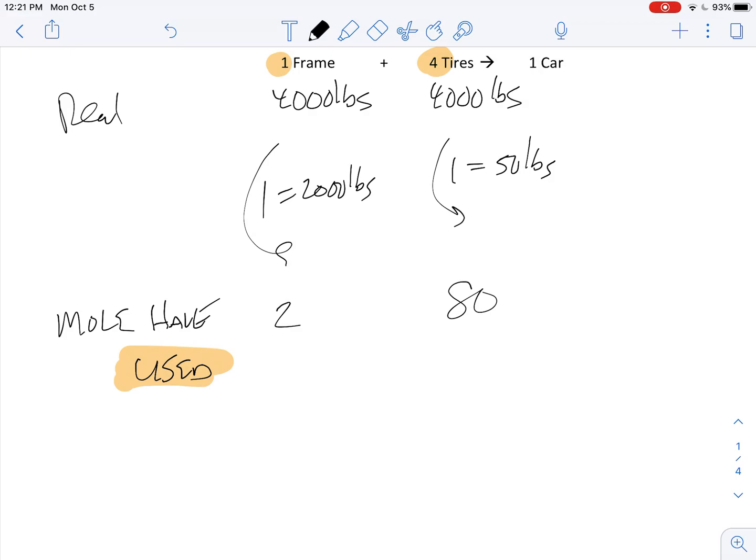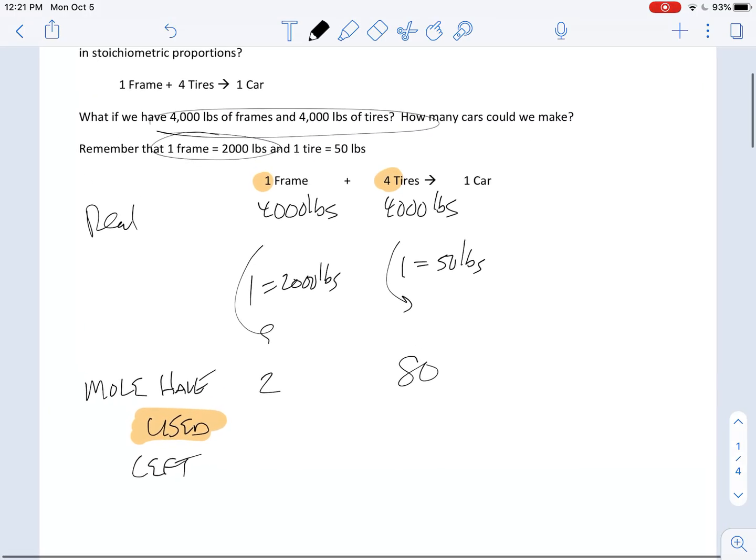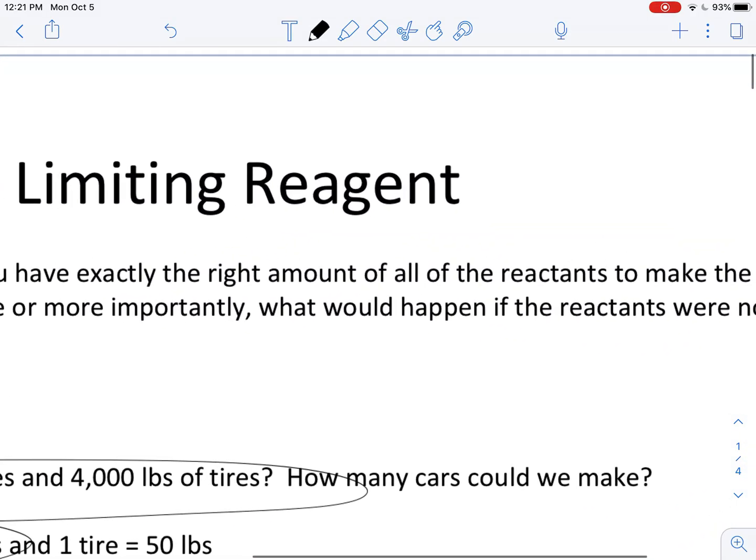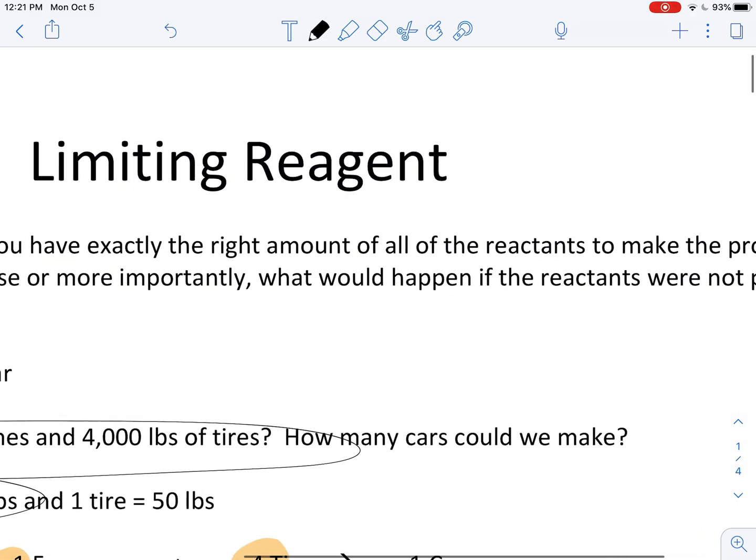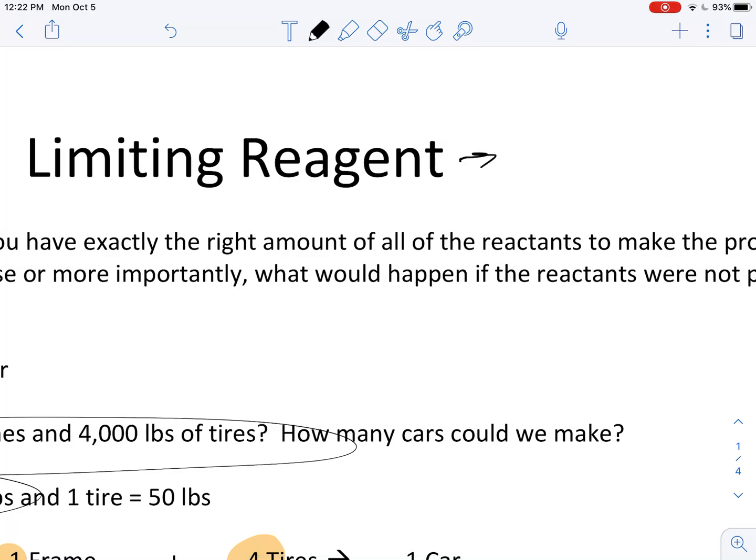And then finally, I'm going to have leftover. So just because I have it doesn't mean I get to use it. In other words, one of these things is going to run out first, or in other words, that is my limiting reagent. My limiting reagent is whichever one I run out of first.